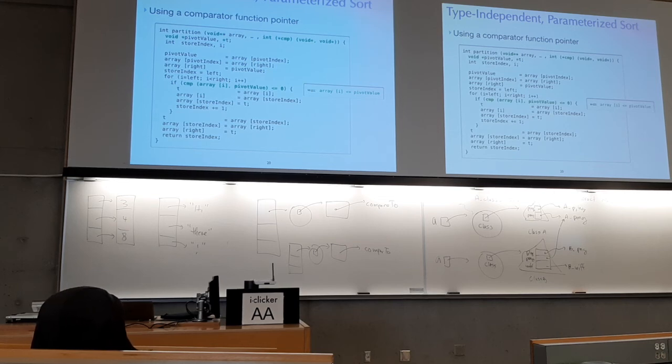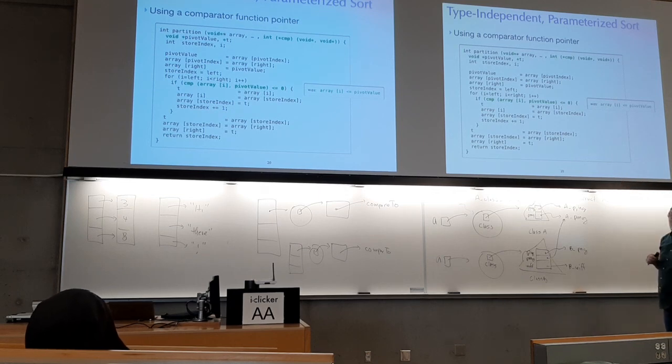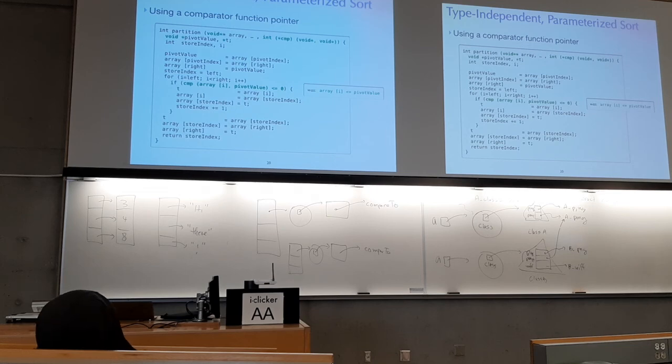This function has to have a signature that returns an int and takes two void stars as parameters, because it's a list of void stars. And when I get to this place where I compare, I'll just call that function. And now whatever function is provided as the parameter to sort will determine the order.